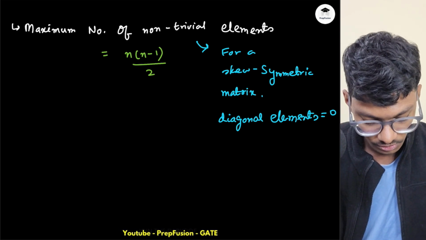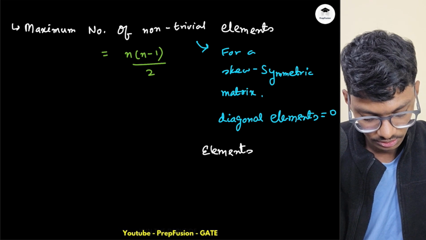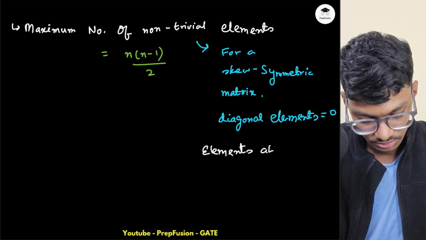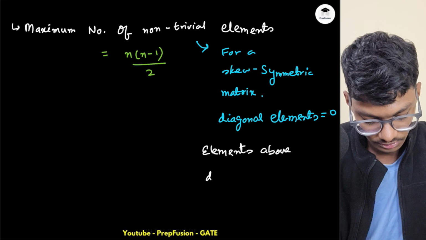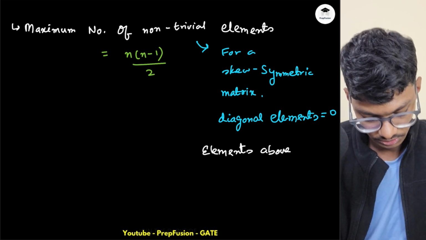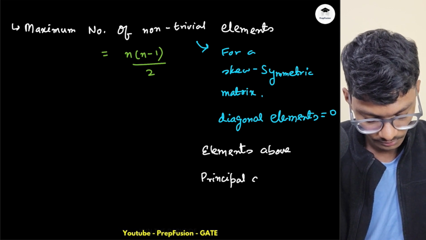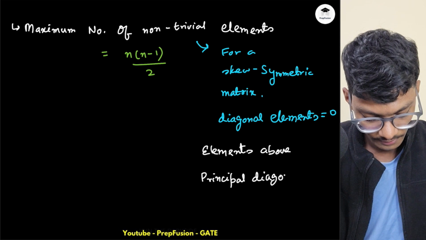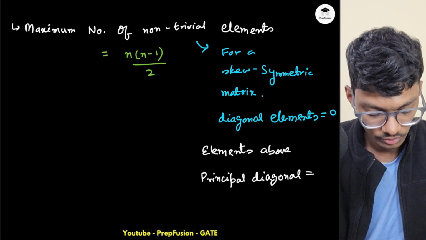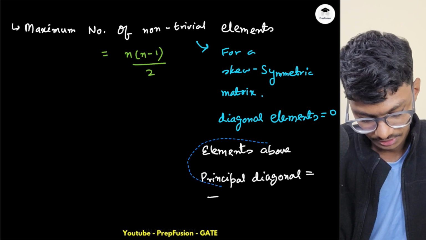So elements above the principal diagonal are equal to the negation of elements below the principal diagonal.